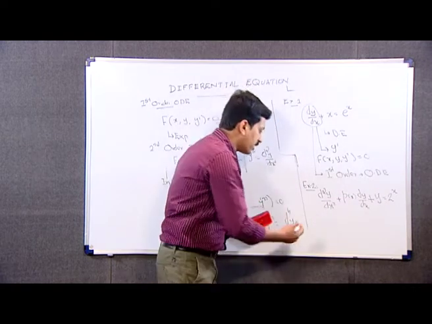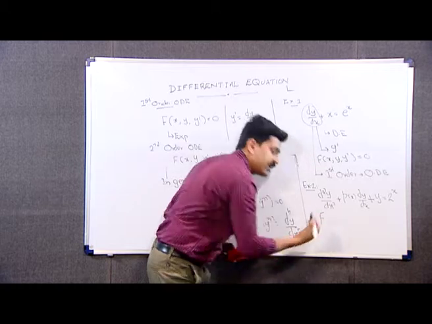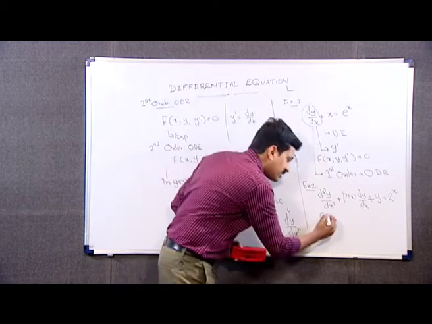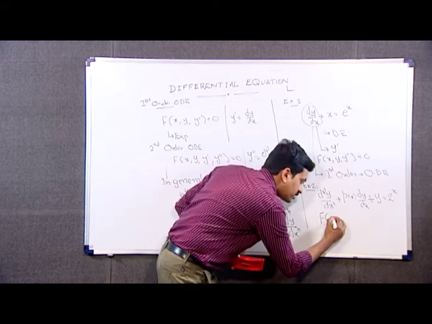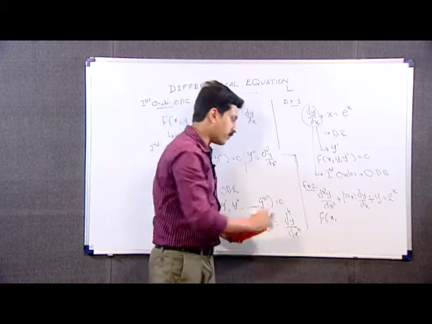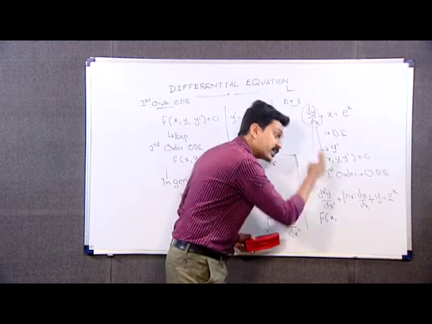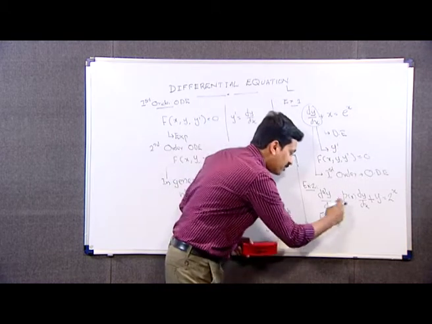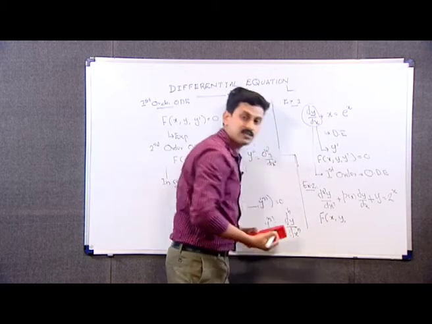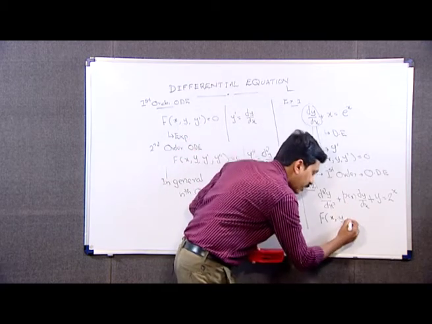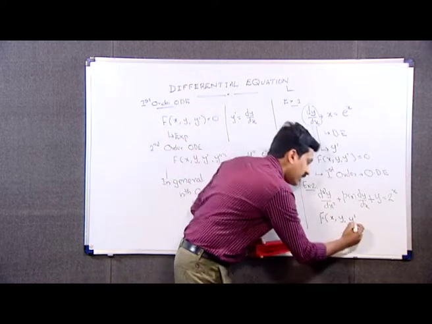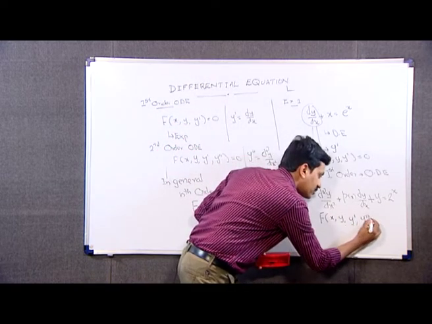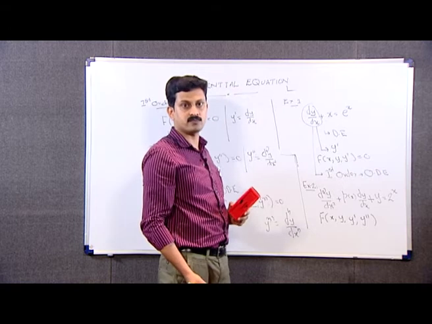That is why we can write this as, how can we write this? We can write this as an expression where x is involved as well as some function in x, and y is involved as well as dy by dx, which stands for y dash, and d square y by dx square, that is y double dash, is also involved.